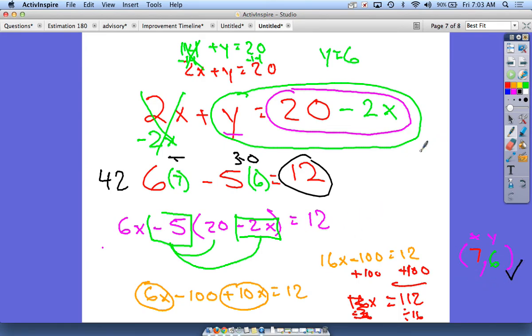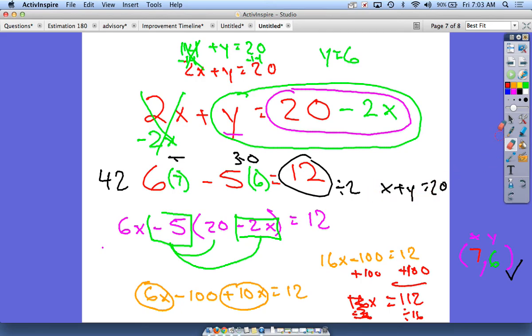If you did this problem a different way, I mean, I know on the original problem where it was 2x plus y equals 20, we made it say y equals. If you wanted to say x equals here, you could actually divide the entire thing by 2. And if I divided the entire thing by 2, this would just be x.